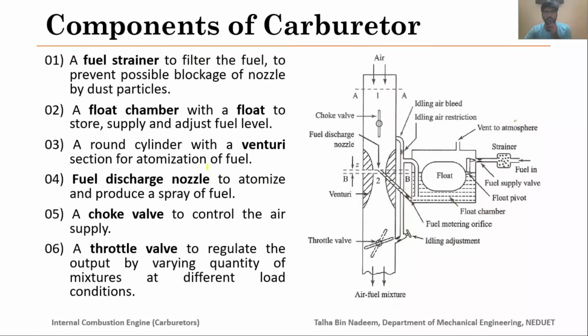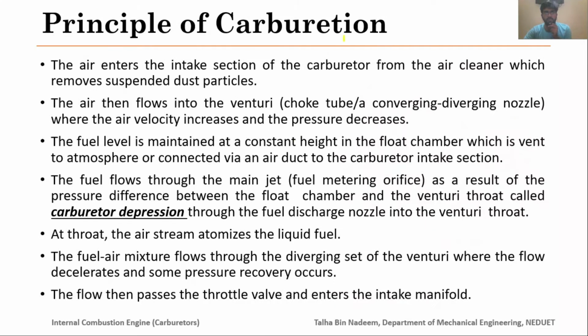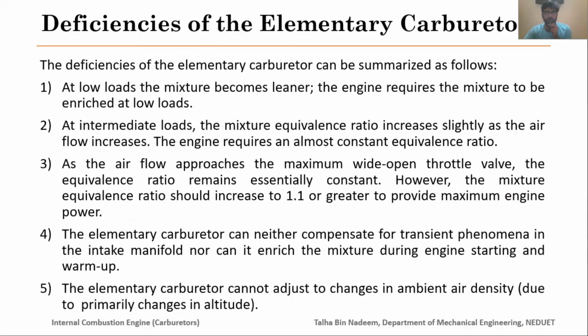Then we discussed in quite detail the basic components of the carburetor, and along with that we also discussed the principle of carburation. Then we discussed some deficiencies in the elementary carburetor.